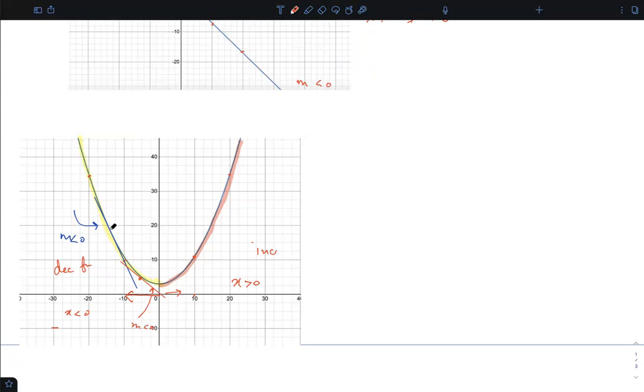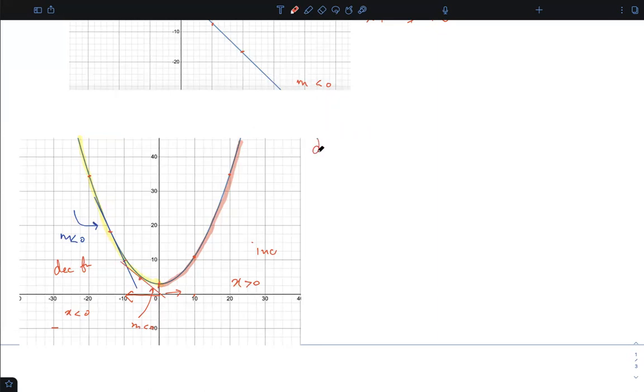And we know that the gradient of a curve is equal to the gradient of the tangent drawn at that point. So if a curve is a decreasing function in an interval, its gradient will also be negative.